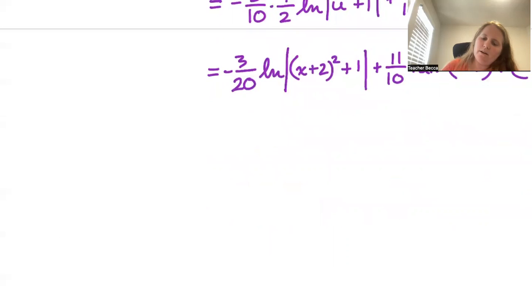So our big integral becomes the integral of 2x plus 1 over x squared plus 4x plus 5 dx is equal to, we had 3/10 times the integral of 1 over x minus 1 dx. So we would have 3/10. Let me update my screen, I apologize.